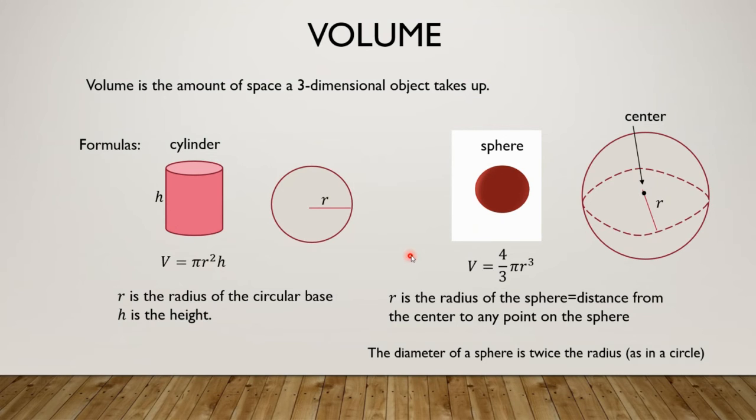Now, we had circles in the 2-dimensional world. Here we have spheres. A sphere is, you're given a fixed point, call it the center, and a sphere is all points in the 3-dimensional world that are the same distance from that fixed point. So it's kind of like the 3-dimensional analog of a circle.